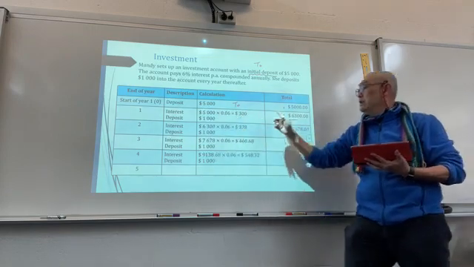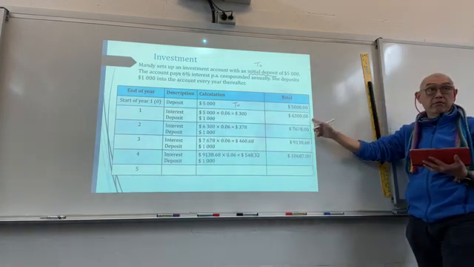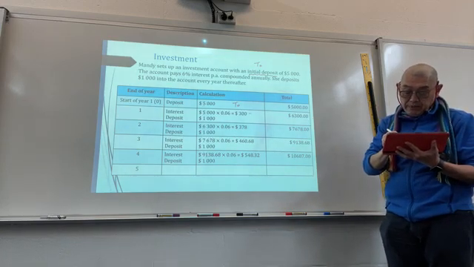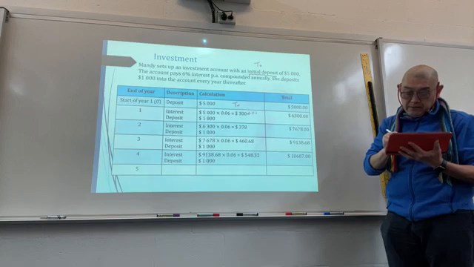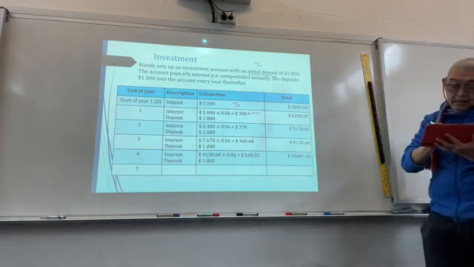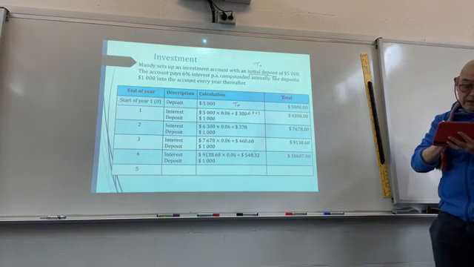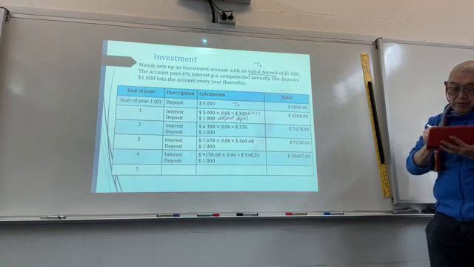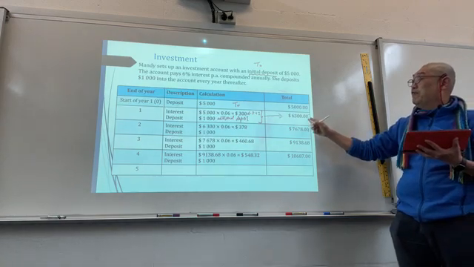Then plus the deposit is 6,300. That is based on the principal P plus interest, and this is the deposit. Both of them add up together at the end of the first year.